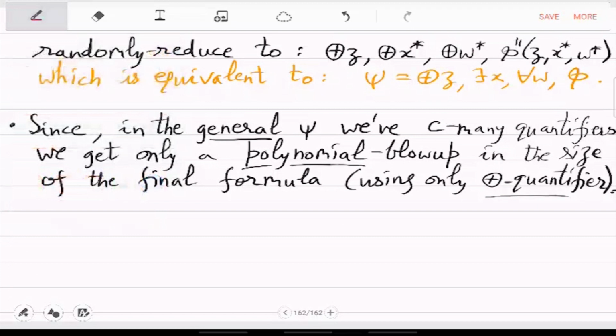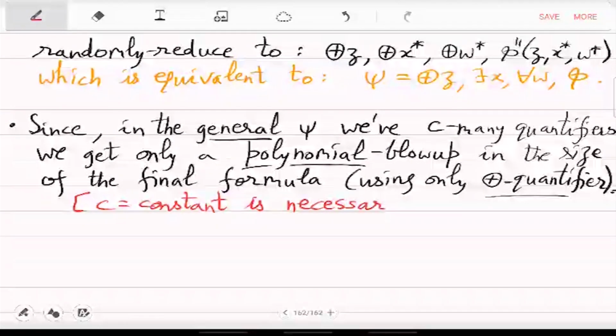Let's remember that. Otherwise this would not have worked. So that is why we are in the polynomial hierarchy, not beyond. We cannot run this proof over QBF. Okay.